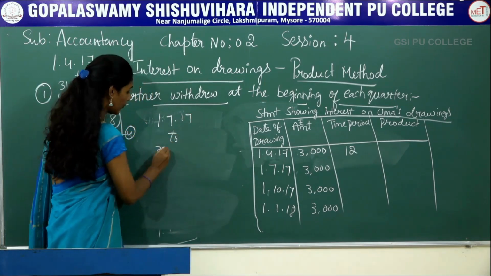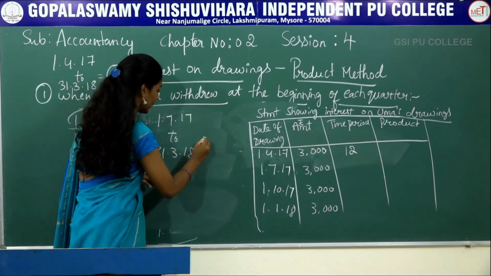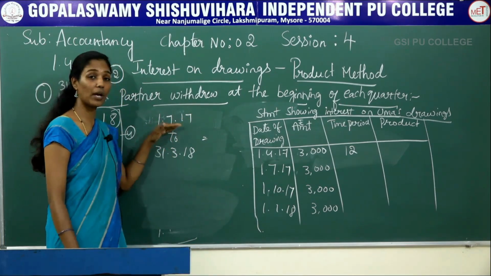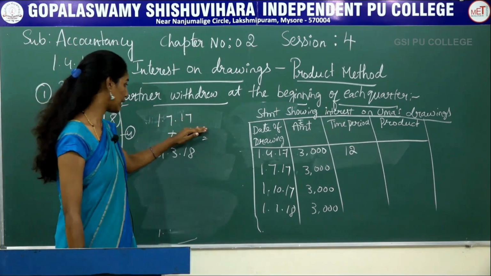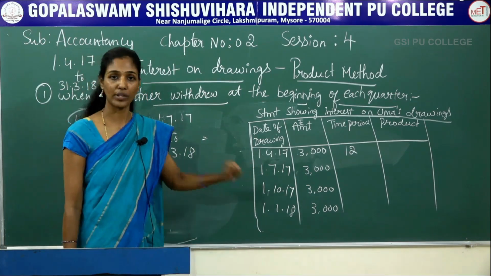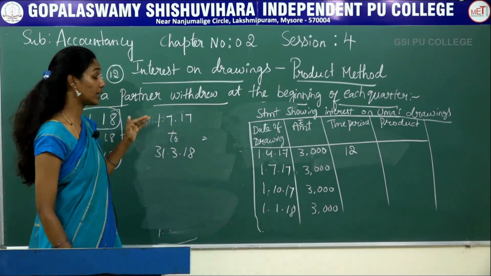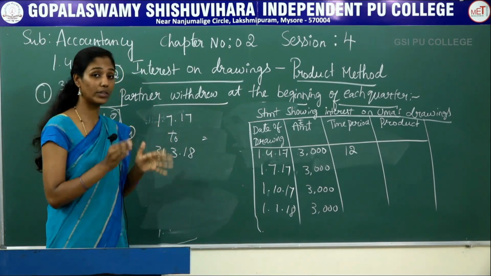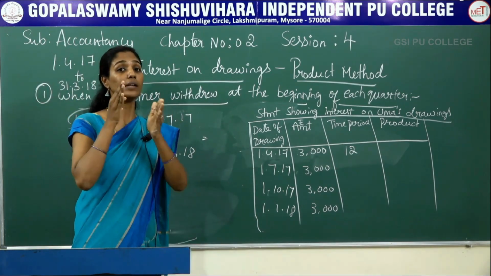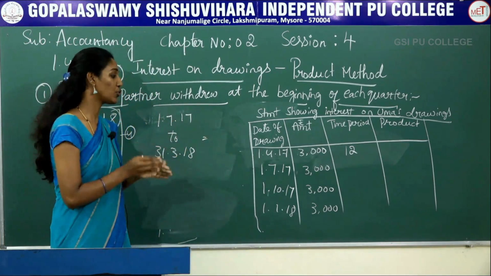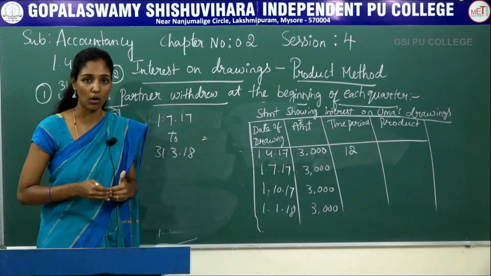The next, from 1/7/2017 to 31/3/2018. Count the number of months from the date of drawings till the end of the accounting period. Remember, when a partner withdraws on the first day of a month, you should include that month also.